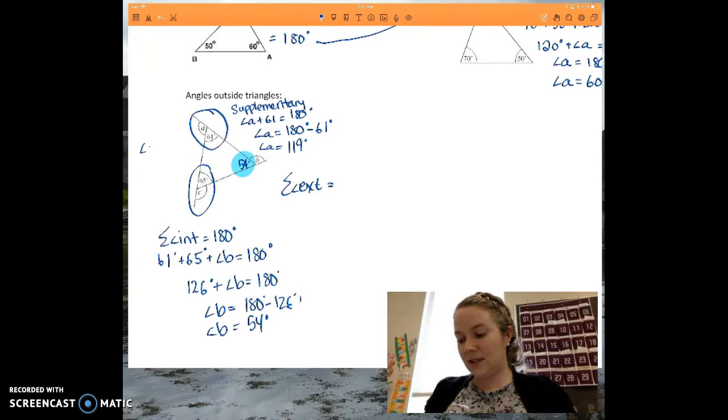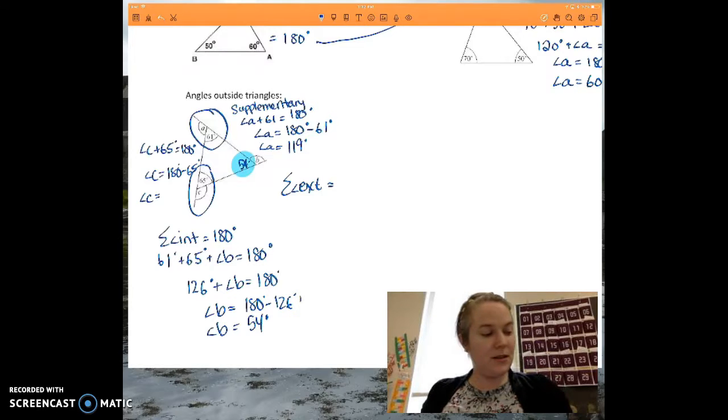And let's look at angle C plus 65 degrees is 180 degrees, because we know that that's also supplementary. So angle C equals 180 minus 65, and angle C is 105.